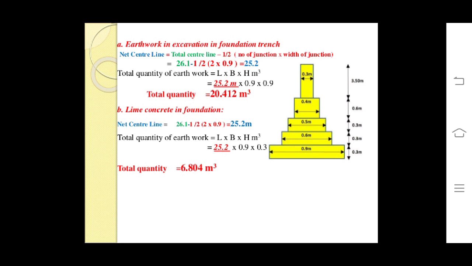Total quantity is the multiplication of all dimensions, that is length, breadth, and height. It is equal to 25.2, 0.9, and the thickness of lime concrete is 0.3. The total quantity of lime concrete in footing is 6.804 meter cubes.